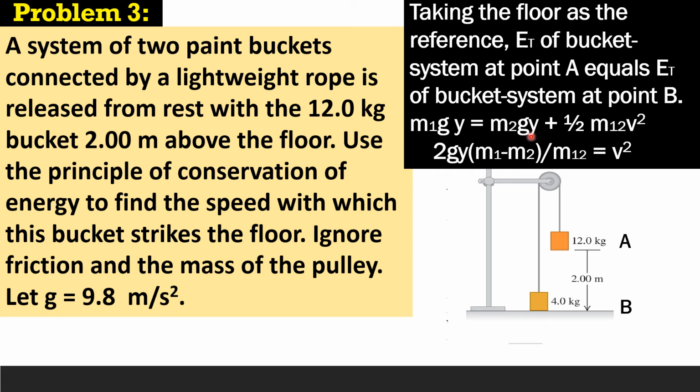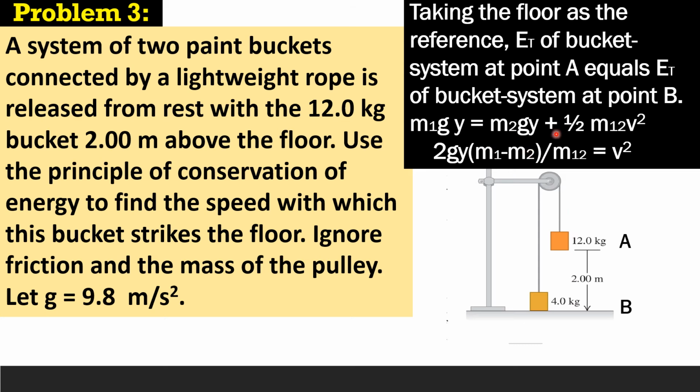I hope you understand why our equation for the conservation of mechanical energy is expressed like this, because not all situations will have the same way of representing the kinetic and the potential energies at the start and at the end. This is only applicable in this situation.